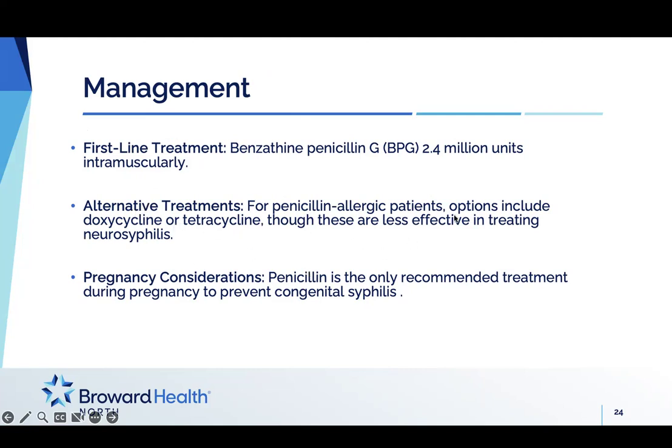Usually for penicillin allergic patients, the options include doxycycline, tetracycline, and in some cases you can desensitize them. When patients are allergic, you can desensitize them. Desensitization is one major indication in pregnant patients.